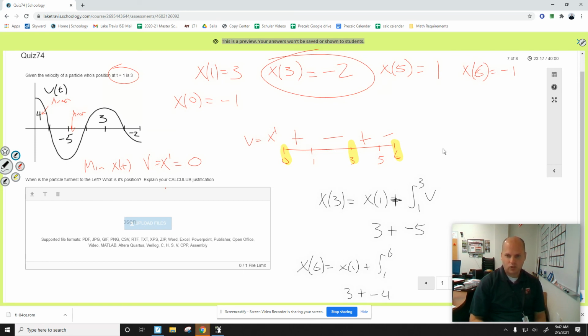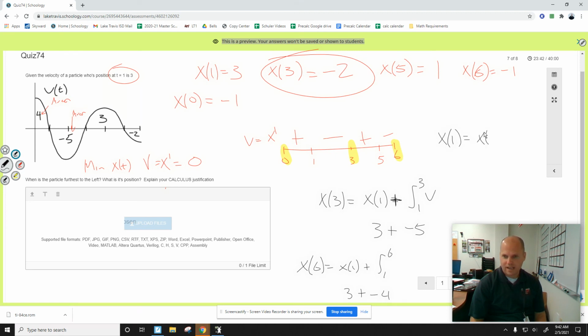And then you should be checking x of 0. Here's how I would probably do x of 0. My ending is at 1, and I got the position 1 is 3.